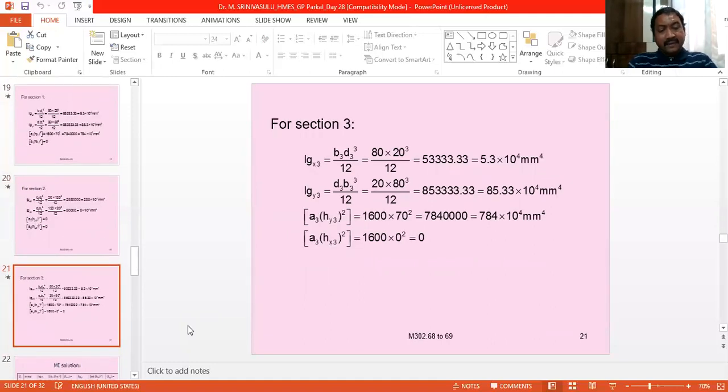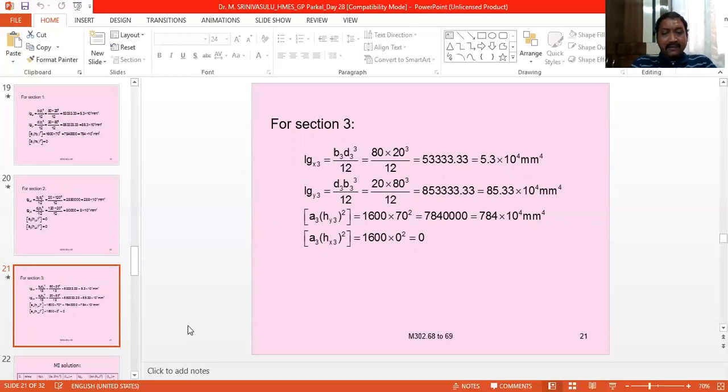Now for section 3, IGX3 is nothing but B3 D3 cube by 12. Substituting the values, it is equal to 5.3 into 10 power 4, and IGY3 is equal to D3 B3 cube by 12, so it is equal to 85.33 into 10 power 4.